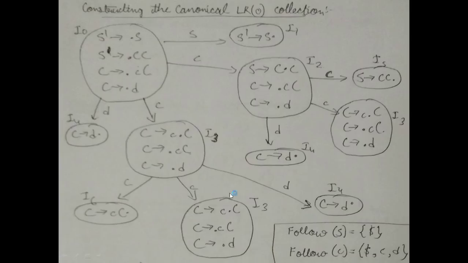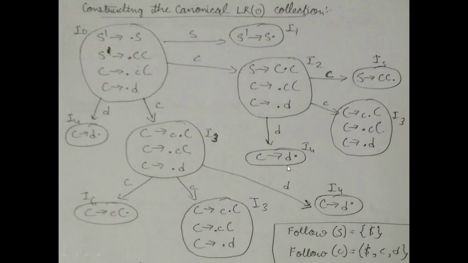Let's consider the I4 case. Okay, so in this state we have the production capital C gives D dot. Here we see that it's a production from the initial state where the dot is after the terminal. So this is one production from the I0 state.